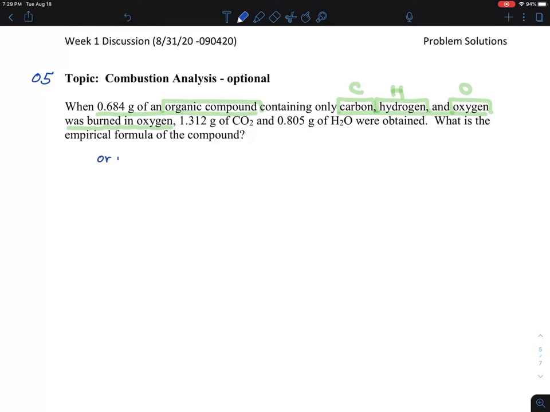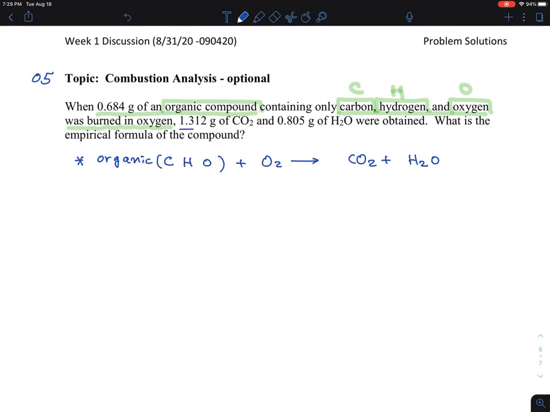Okay, so organic, which is made out of carbon, hydrogen, and oxygen, will react with oxygen. Okay, and then they will produce carbon dioxide and water. So this is a reaction that you can imagine.